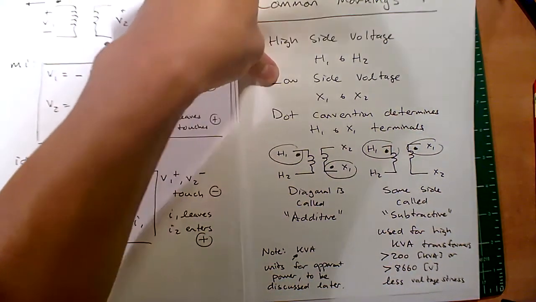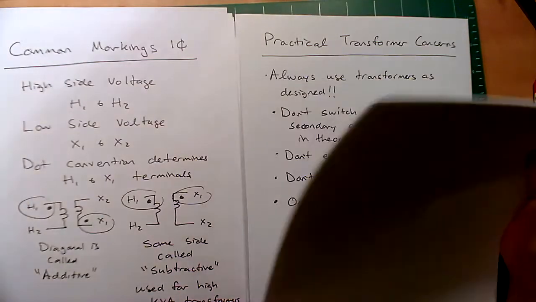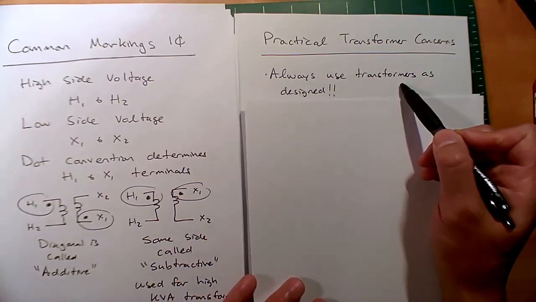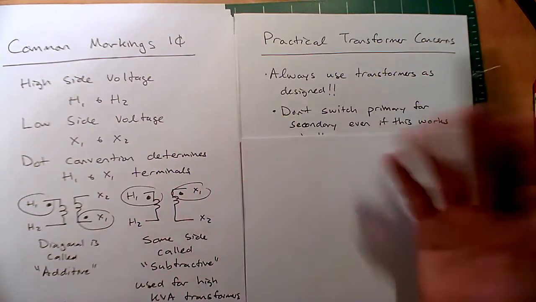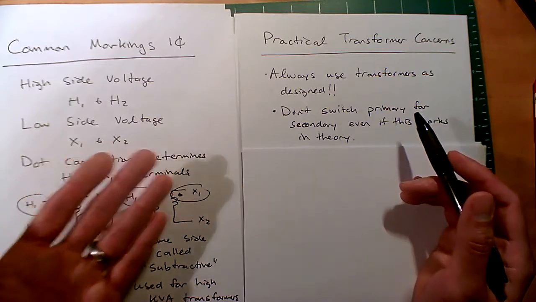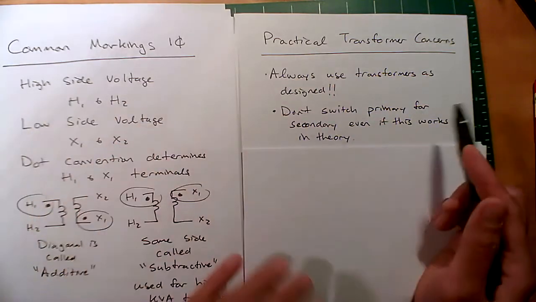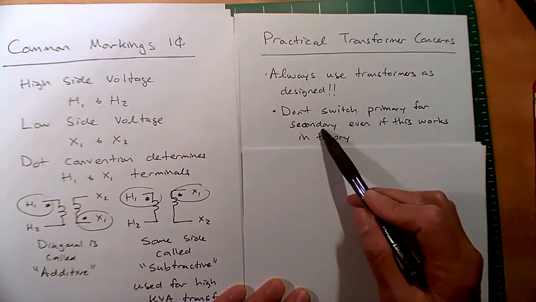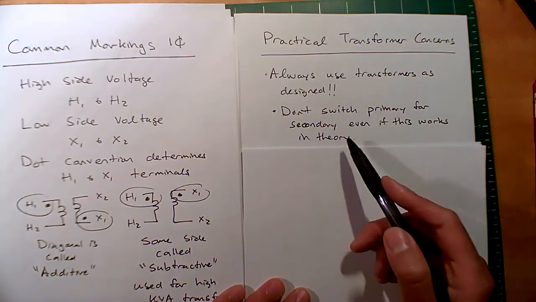All right. The last thing I wanted to talk about is some practical transformer concerns. What are they? Always use transformers as designed. We know that theoretically you could have a step up or a step down, just by switching what you consider the primary. But you always want to keep the primary and secondary as designed. You don't want to be switching them even if this works in theory.